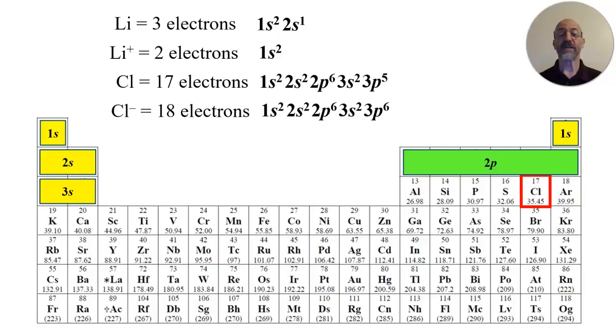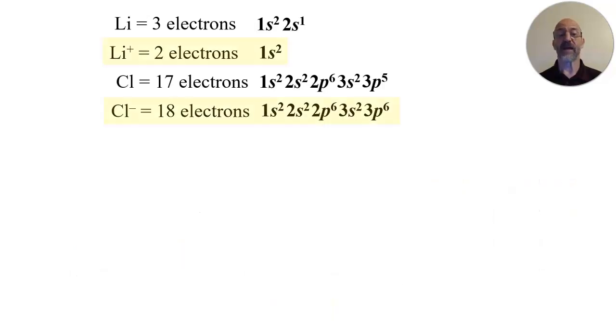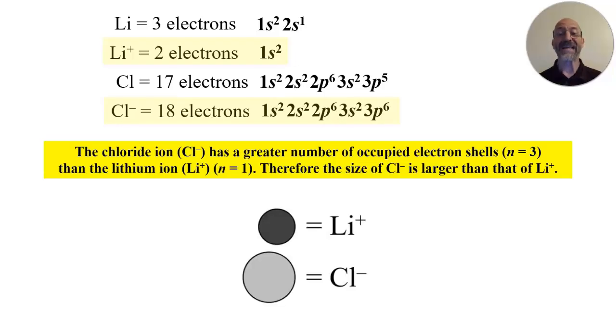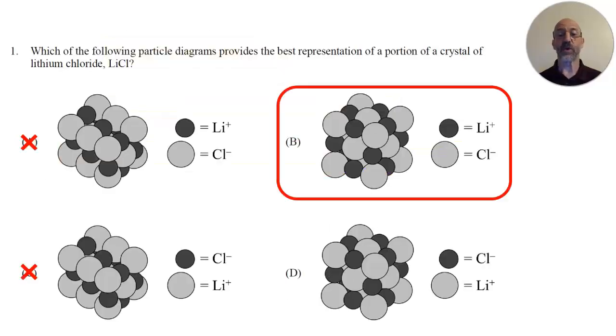Well, hopefully you can see by comparing the electron configuration of Li plus and Cl minus that the Cl minus ion should have a larger size. So the chloride ion has a greater number of occupied electron shells, energy level 3, than the lithium ion, energy level 1. So therefore, the size of the chloride ion is larger than that of the lithium ion. And so that makes choice B the correct answer.